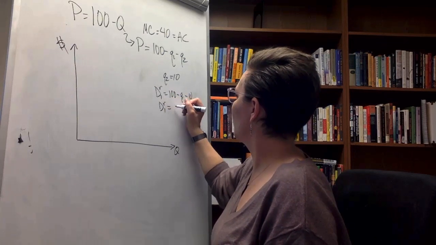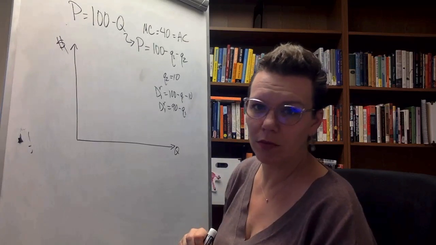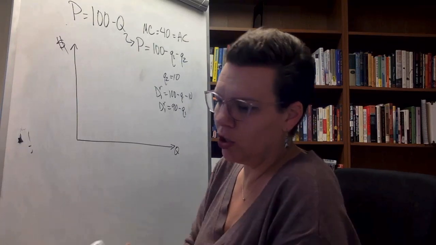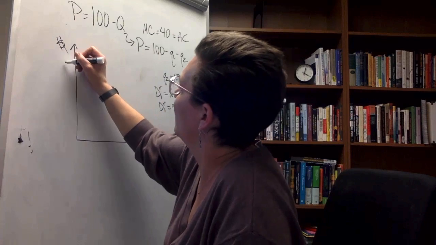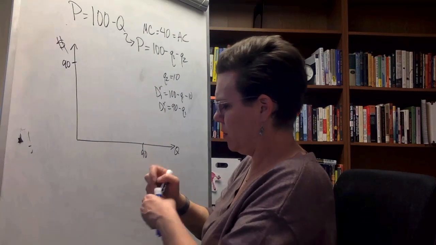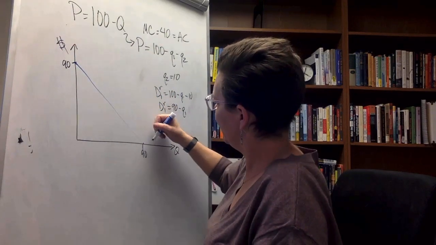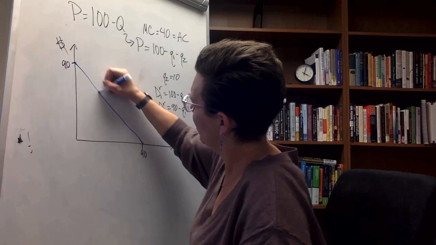Residual demand for firm 1 is 90 minus Q1. So far, so good. So we can graph that inverse demand curve. It's going to look like this. It's linear, so it's easy to graph.